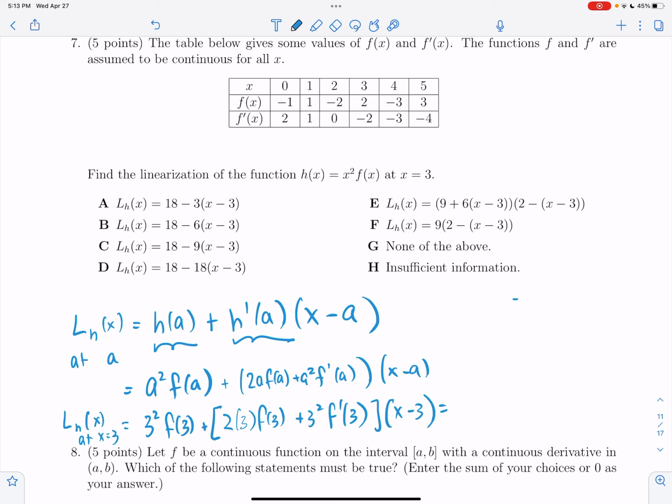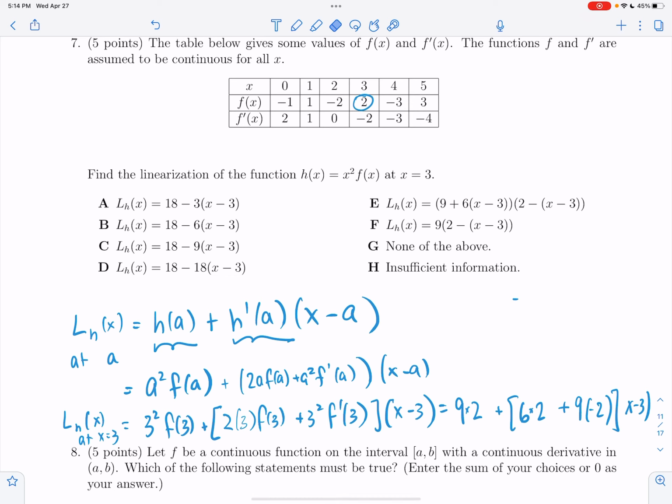What is 9 times f of 3? f of 3 is 2. 2 times 3 is 6, times f of 3 which is 2, plus 9 times f prime of 3. f prime of 3 is negative 2, and you're multiplying that by x minus 3.